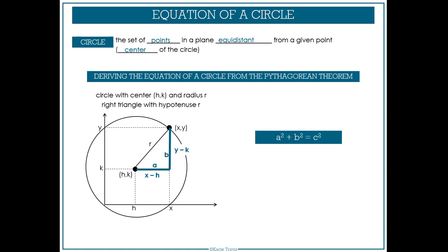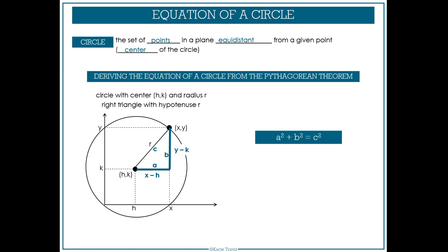So, taking these two parts, what we are doing is we're replacing what we have in our picture here on the coordinate plane with what we have here in the Pythagorean theorem. A squared and B squared, those are our two sides we just found.